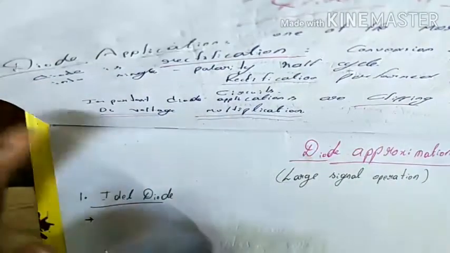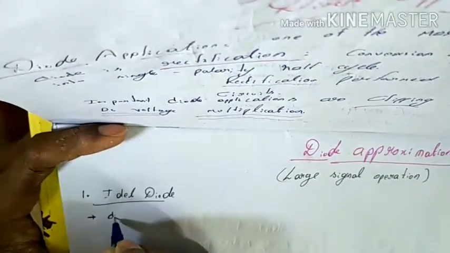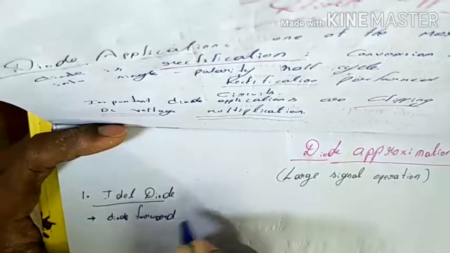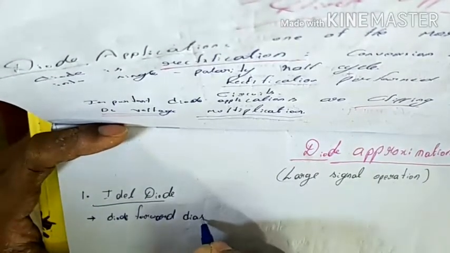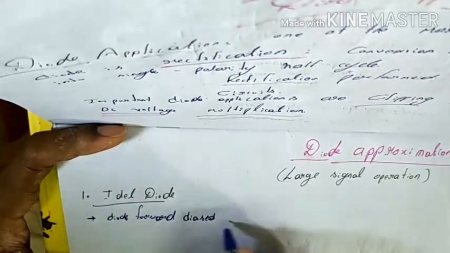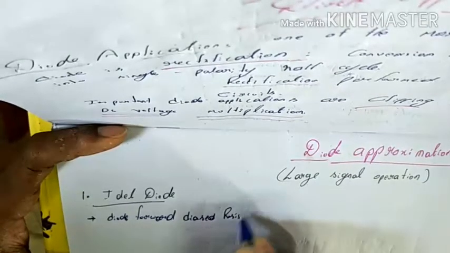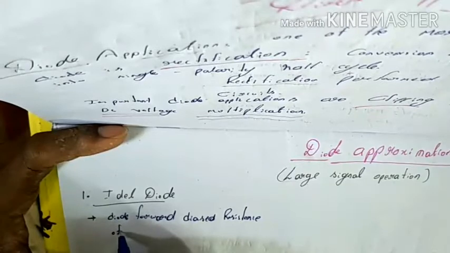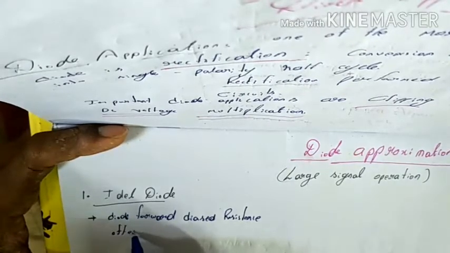And see here, the diode forward biased, resistance offered is 0.